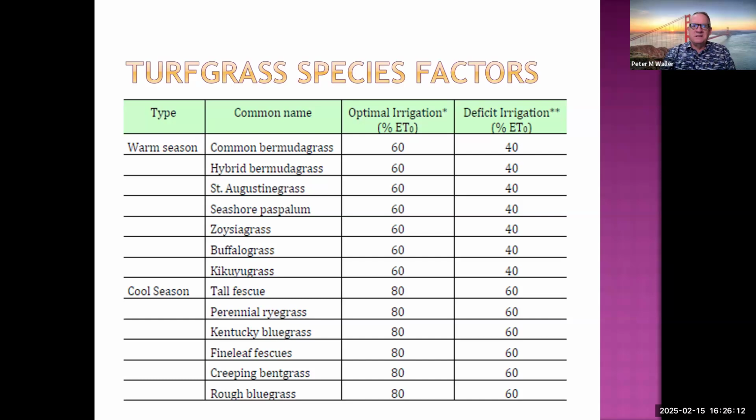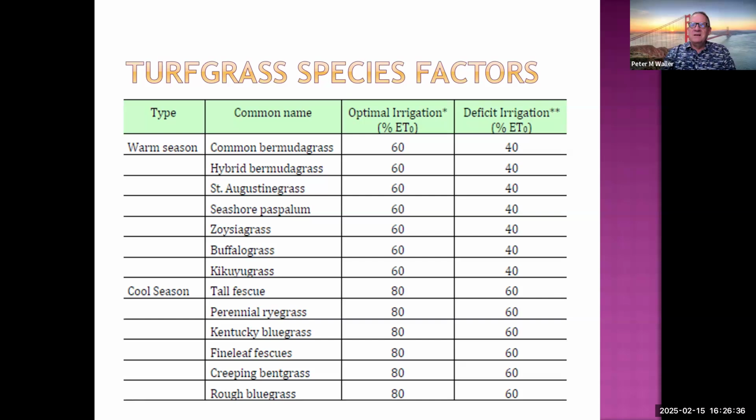One of the interesting things was the turfgrass species factors. So our summer grasses, such as Bermuda grass, have a low crop coefficient, 0.6 in summer, and 0.4 if you want to deficit irrigate it. Like, I walked by a school today with almost all brown grass, so that would be lower than 0.4.